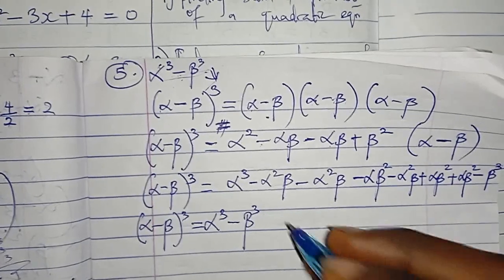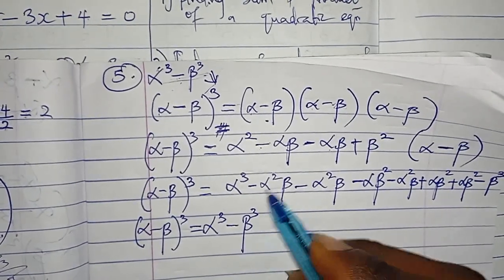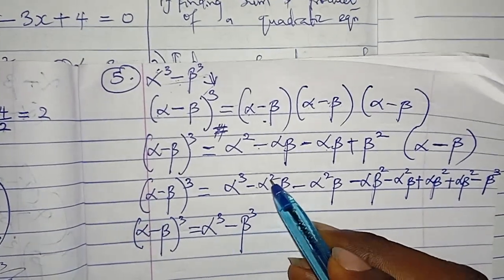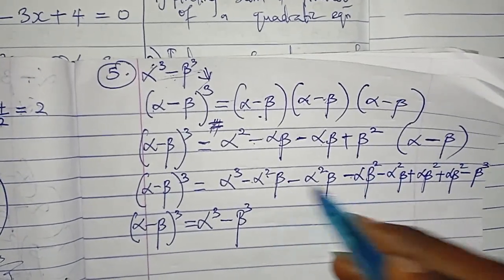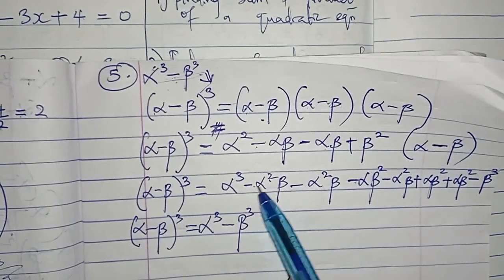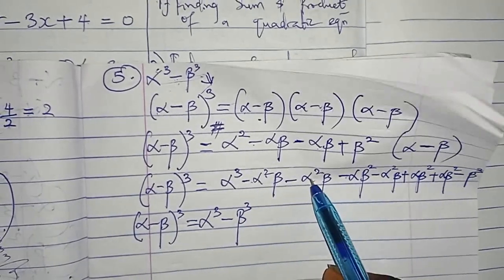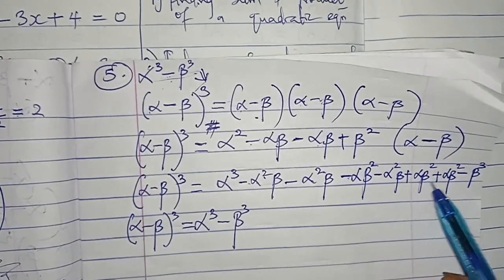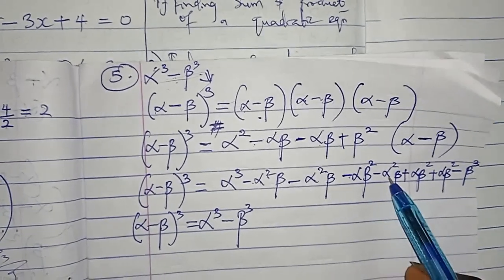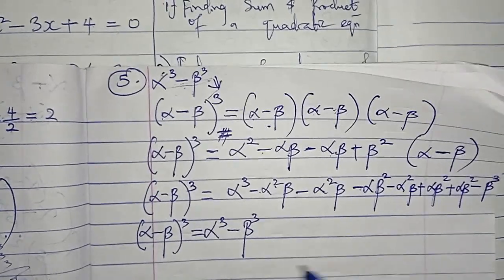So now let's collect like terms for the others. So I will now have minus alpha square, minus alpha square, minus alpha square. How many times did it occur? 3. Sorry, this is alpha square beta, then plus, where again do I have alpha square beta? Okay, another alpha square beta. So let's bring out all the alpha square beta.